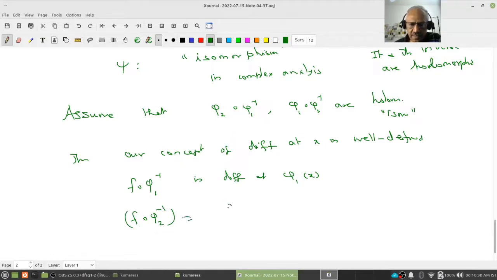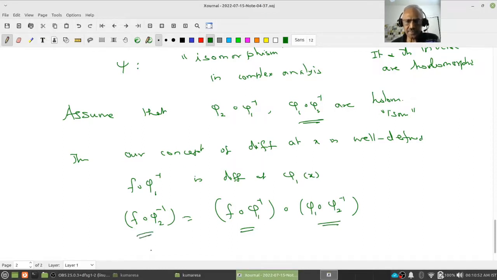This I can write as f composite phi 1 inverse, composite phi 1 composite phi 2 inverse, right? Do you follow? By assumption, this is holomorphic, and this is holomorphic, therefore the composite is holomorphic, therefore this is holomorphic.